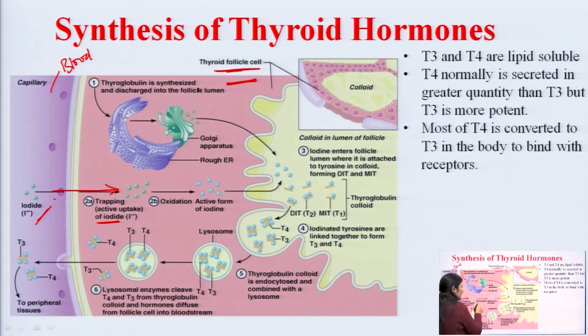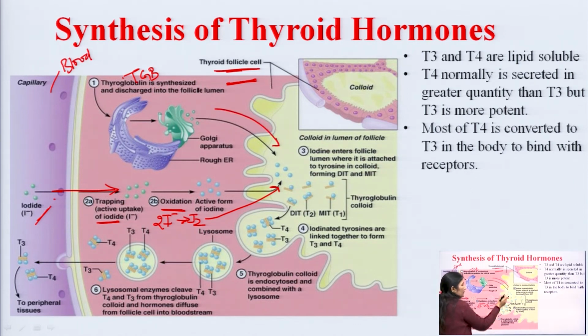Simultaneously, oxidation of the iodide occurs, that is, 2 iodide molecules convert into iodine. So, oxidation of the iodide occurs inside this cytosol, and then this iodine enters inside the lumen of the follicles, and simultaneously TGB, thyroglobulin, is synthesized and discharged into the lumen.